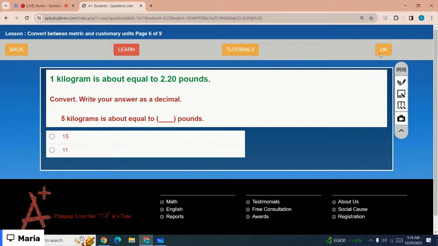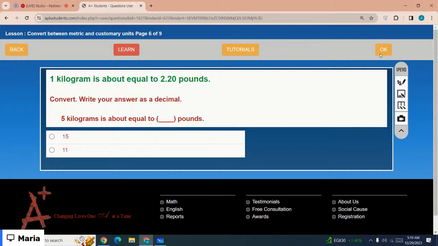1 kilogram is equal to 2.20 pounds. So 5 kilograms is equal to how many pounds? Which is the correct option? The correct option is 5 times 2.20.